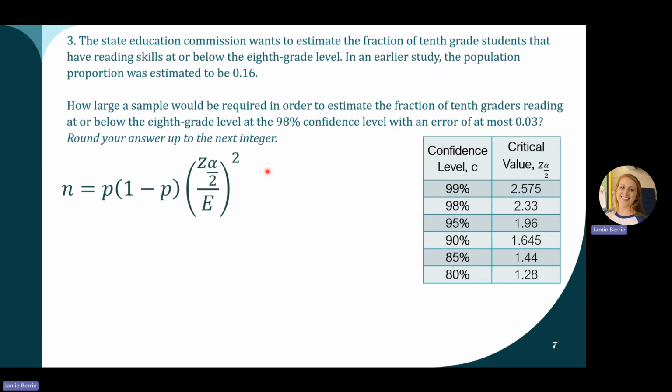Okay, so let's grab all of our numbers. P, that's our estimate for the population proportion. They said 0.16 from an earlier study. Our critical value, Z sub alpha over 2, for 98%, is 2.33. And our desired margin of error was 0.03.